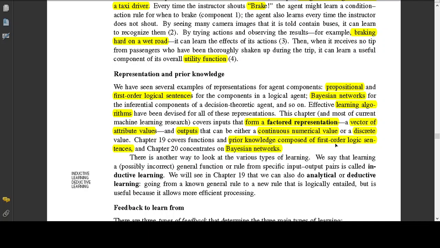So different alternatives are there: using predicate or first order logic, using Bayesian networks, and using decision trees. In different methods we can store the knowledge.